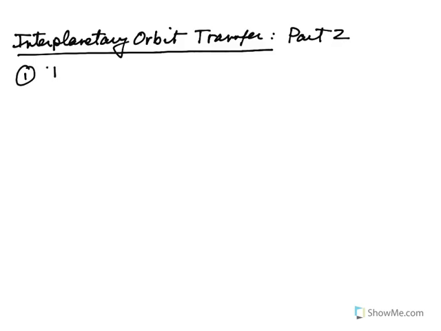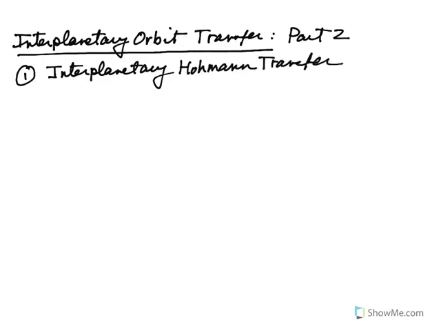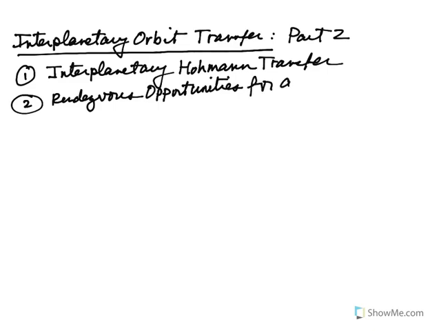First was an interplanetary Hohmann transfer, and the second was rendezvous opportunities for an interplanetary Hohmann transfer.